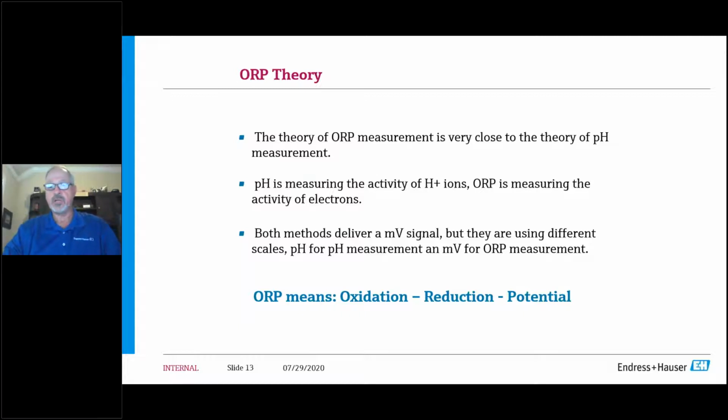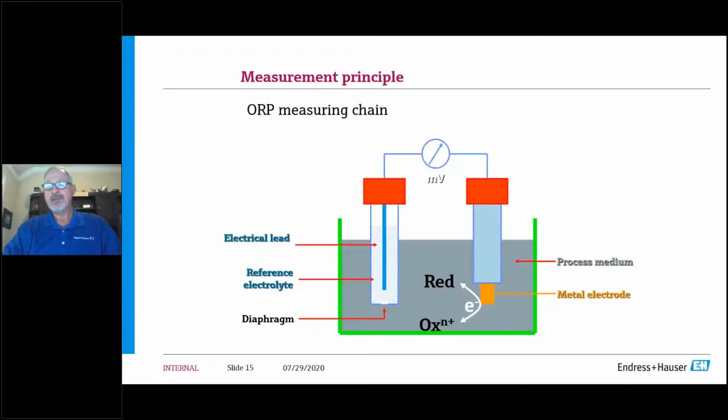So whenever you put this probe in service, it is going to have elements in that stream that will oxidize and some that will reduce, both of which will generate millivolts, some positive, some negative, and then the sum total is the measurement that we're making. It's often used, some people use it as a free chlorine measurement, sometimes in a cooling tower application, but there are other areas where you might look at ORP measurements.